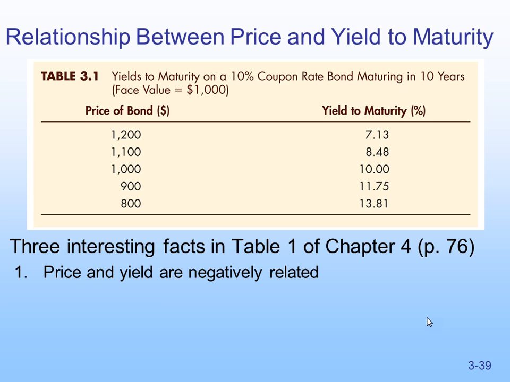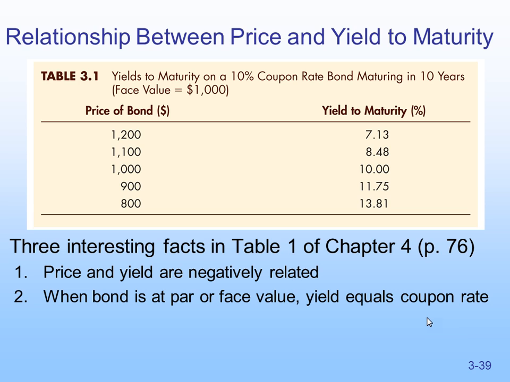Okay, let's start at the top. As the price falls, the yield to maturity rises. Or we could start from the bottom. As the price rises, the yield to maturity falls. That's the number one most important thing to remember, and one of the key things from the course that you want to understand. You can just memorize it, but you also know it from the present value equation. I'll come back to that.